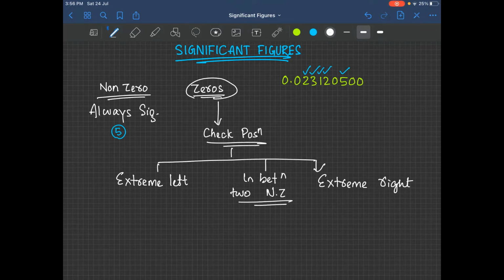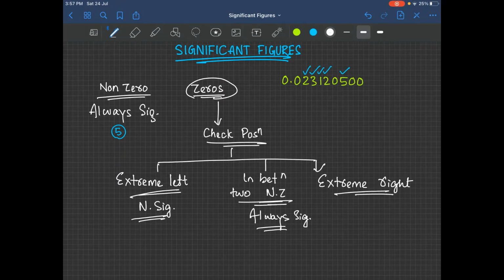Whichever zeros are on the extreme left are always non-significant, and whichever zeros are between two non-zero digits are always significant. Okay, this is the rule. For the extreme right we will follow another rule, but before that let's check these two cases.